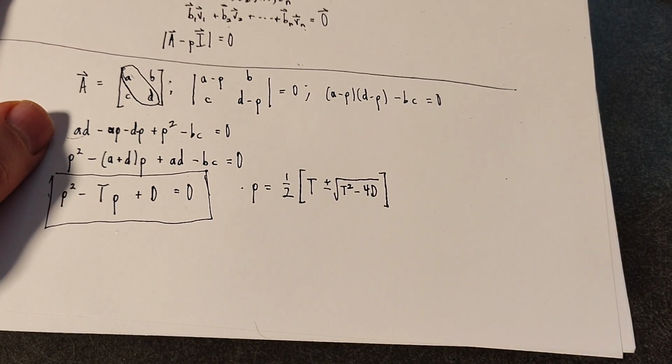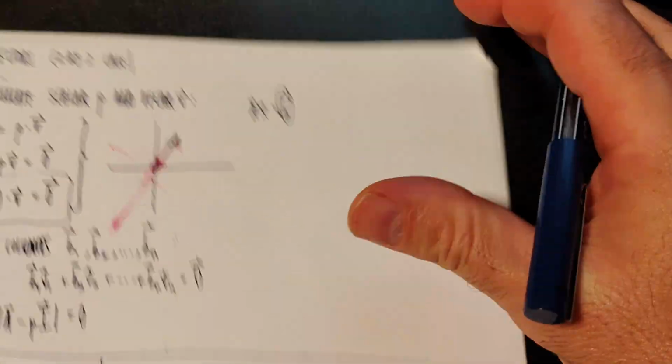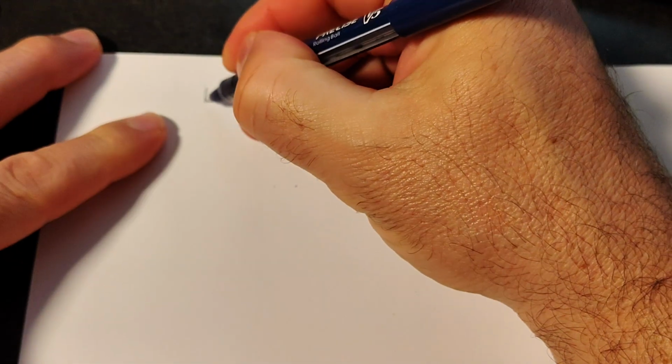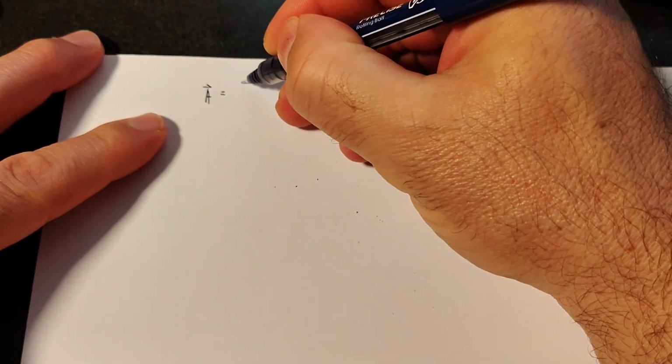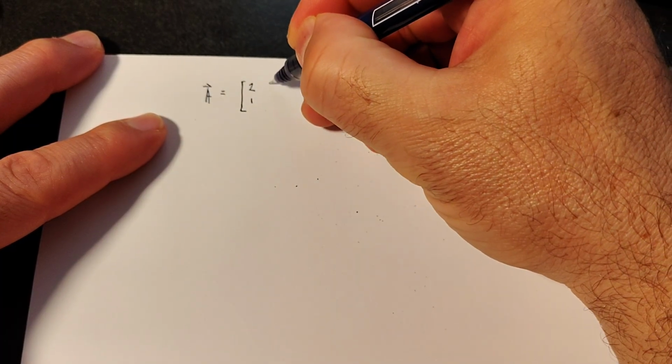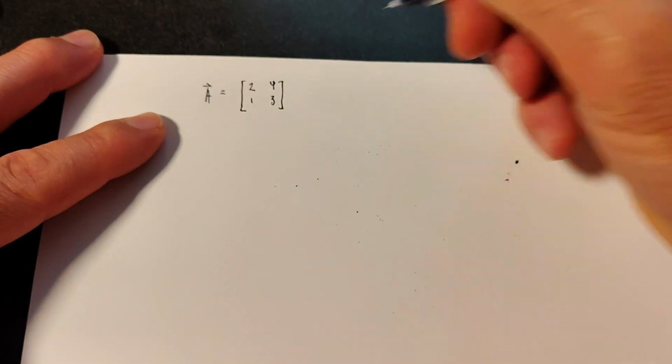Okay, let's give this a whirl with an actual matrix. So let's use the matrix we've been using before. I think we're familiar with this one. So let's say A is equal to the matrix 2, 4, 2, 1, 4, 3. All right.